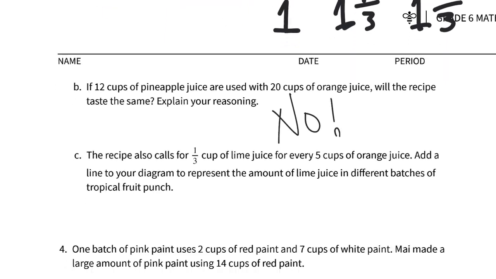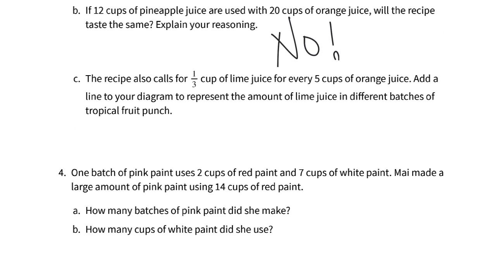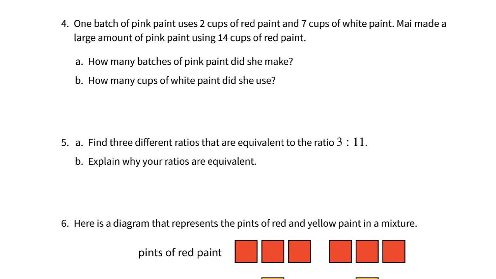As we scroll back down, number 4, 1 batch of pink paint uses 2 cups of red, 7 cups of white. So there is our ratio that we kind of want to be aware of right there. So she made a large amount of pink paint using 14 cups of red. So if she used 14 cups of red, how many batches of pink did she make?